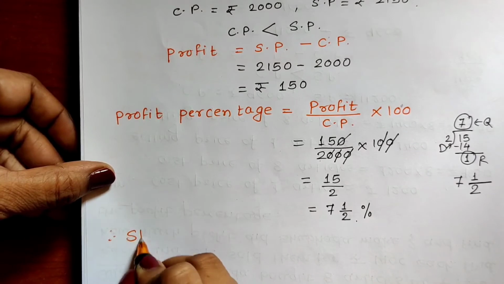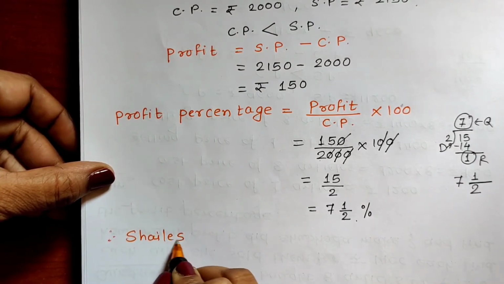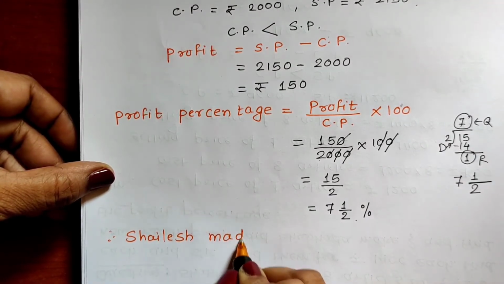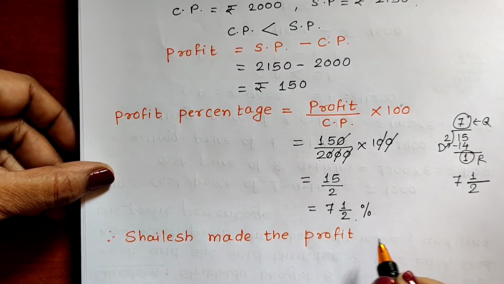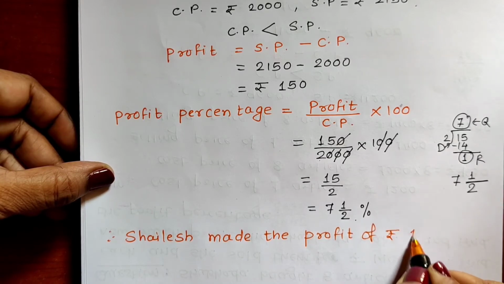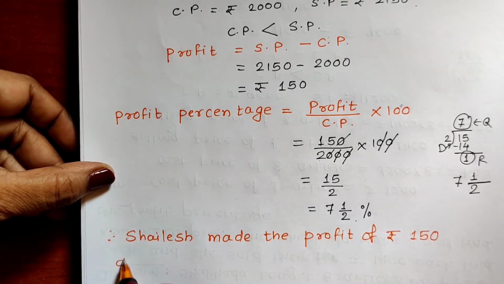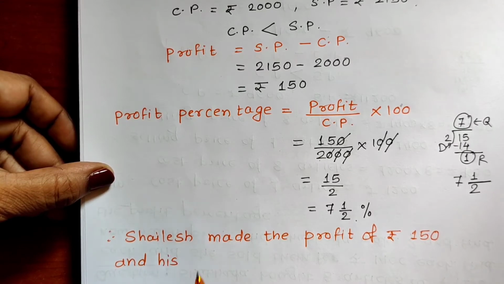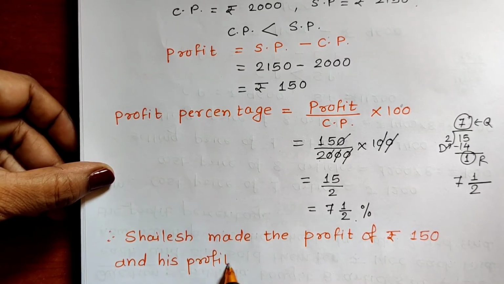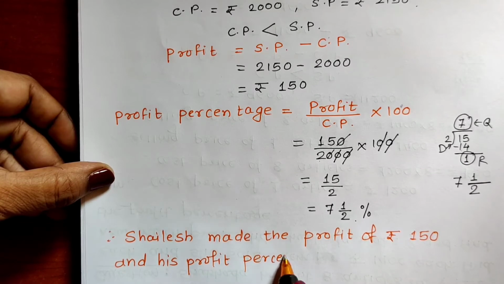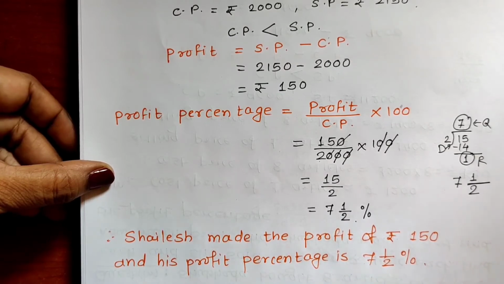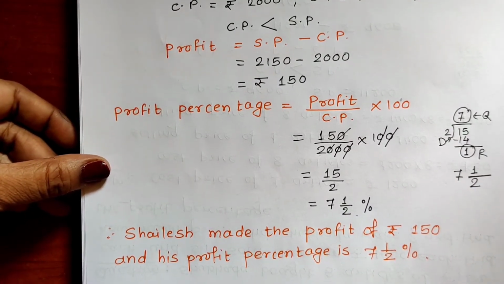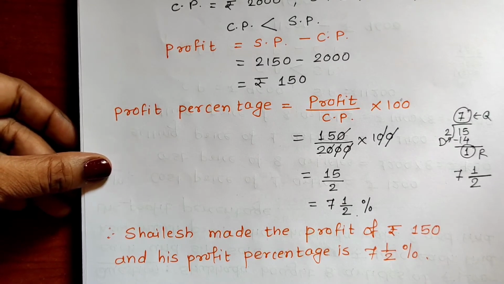Therefore, Shailesh made the profit of rupees 150 and his profit percentage is 7 integer 1 upon 2%. In this way we have completed this question also. Now let us go on next question.